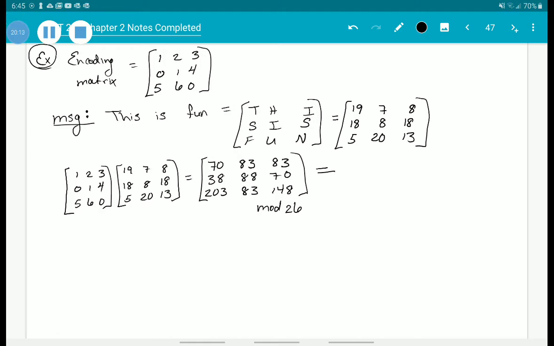We need the remainder. So if we take 70 and divide it by 26, it goes 2 times, but we need to know what the remainder is. Well, that remainder is going to be 18. Same thing with 83. 83 divided by 26 goes 3 times. The mod is going to be 5.